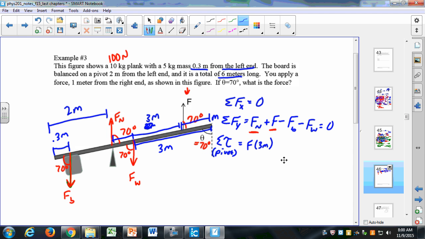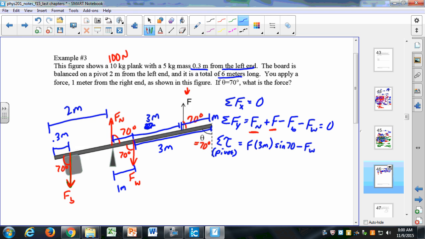Now I need to put in the angle. So the angle here is going to be sine of 70 degrees. I'll do my force weight minus my weight. This distance from here to here is what?